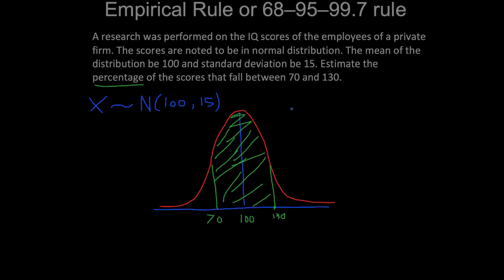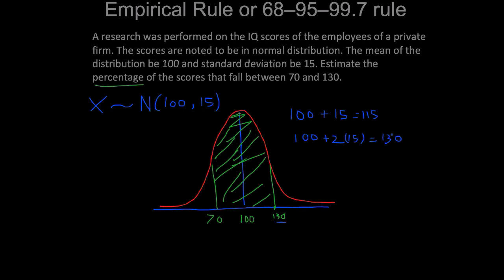First, I will check one standard deviation. Mu plus sigma is one standard deviation, so it is 115. That means it is not the answer. We need 130. Now I add 2 times 15 to 100. Then it is 130.